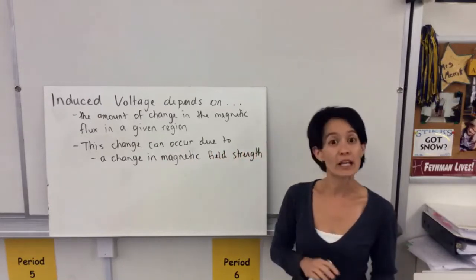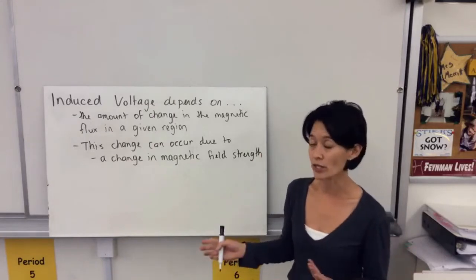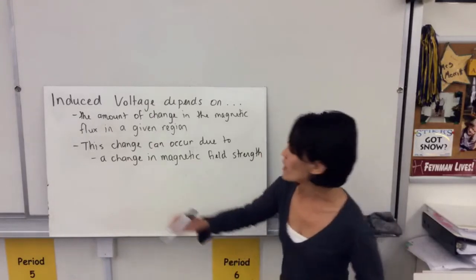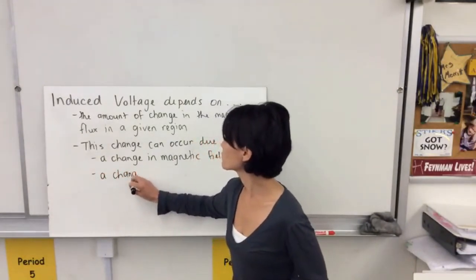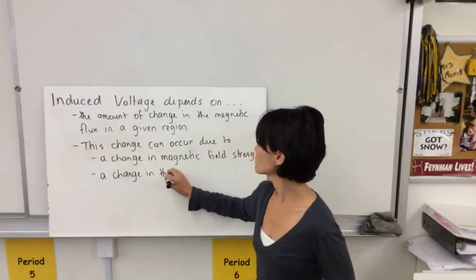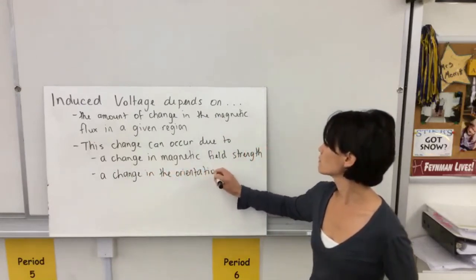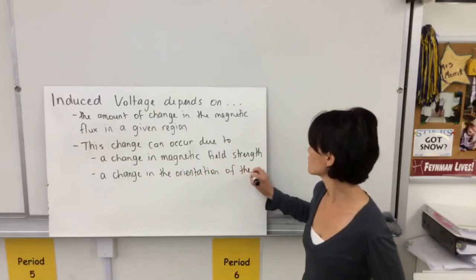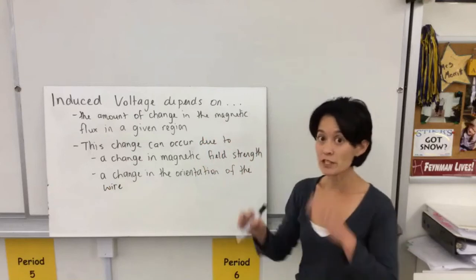So if my magnetic field is increasing or decreasing near my wire, that can cause an induced EMF. Another is a change in the orientation of the wire. So again, just relative motion.